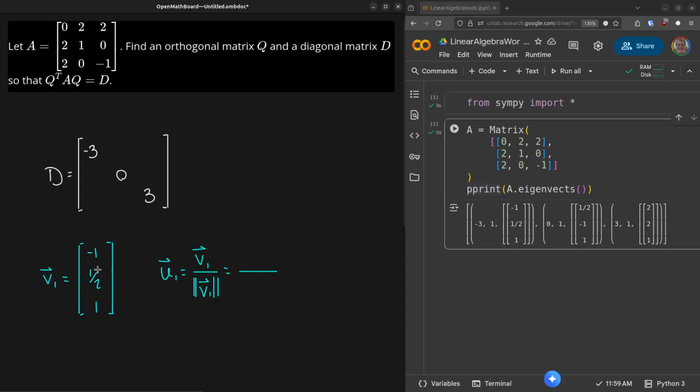Norm of v1, I get 1 plus 1/4 plus 1. 1 plus 1/4 plus 1, that's 2 plus 1/4, which is 8/4 plus 1/4, that's going to be 9/4. So that's going to be square root of 9/4 times vector negative 1, 1/2, 1. Now, of course, square root of 9/4 is equal to 3/2.